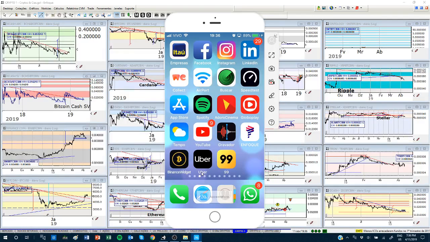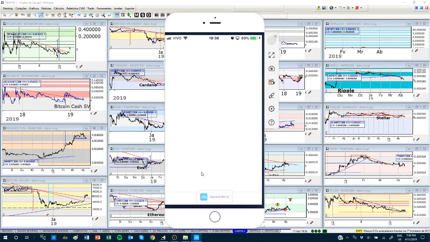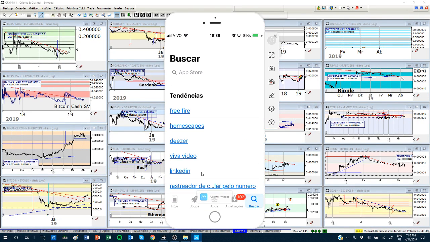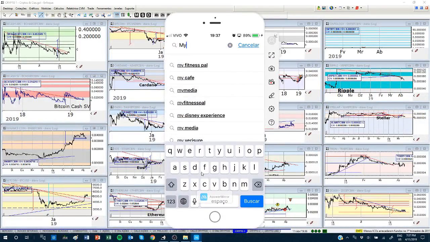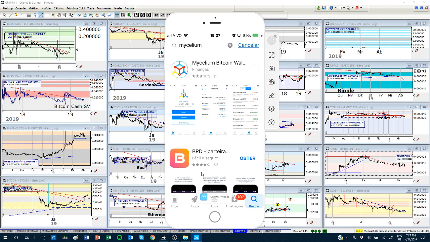So whenever you want to get your Mycelium back, you just have to go back to your smartphone, go to the Apple Store, write down Mycelium, find Mycelium, download Mycelium.